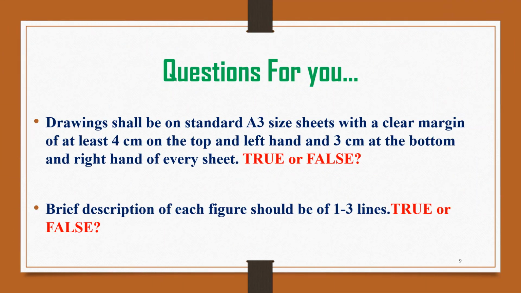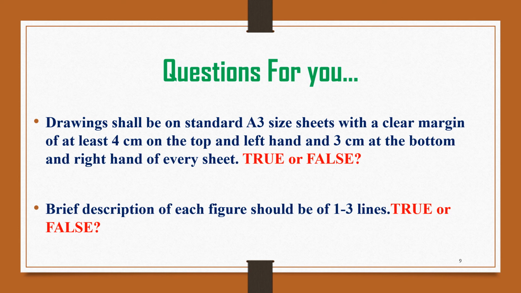Now the most important section or the most important slide of this video lecture. Okay. Questions for you. Question number 1 is drawings shall be on standard A3 size sheets with a clear margin of at least 4 cm on the top and left hand and 3 cm at the bottom and right hand of every sheet. True or false?